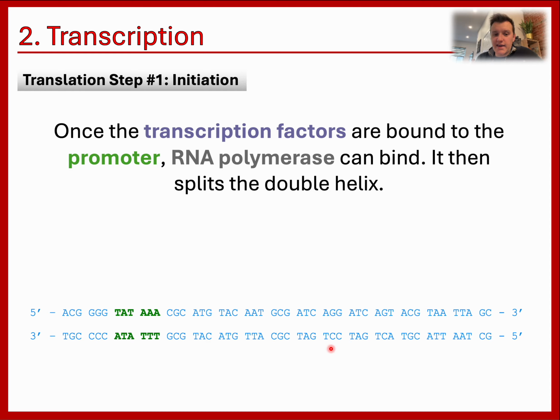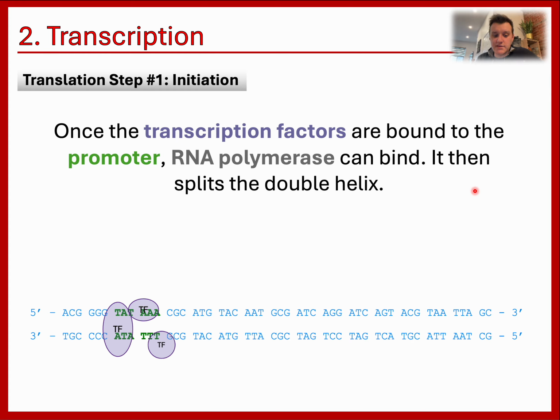So let's look at initiation, right? So this is our transcription. Again, make sure you change that. Step number 1, initiation. Once the transcription factors are bound to the promoter, RNA polymerase can then bind it and splits the double helix. So here are the transcription factors in our first stage of transcription.